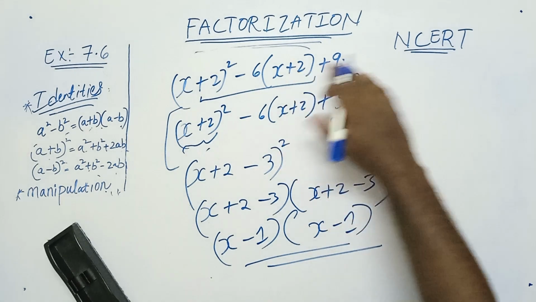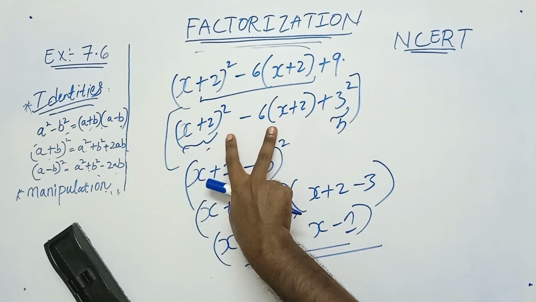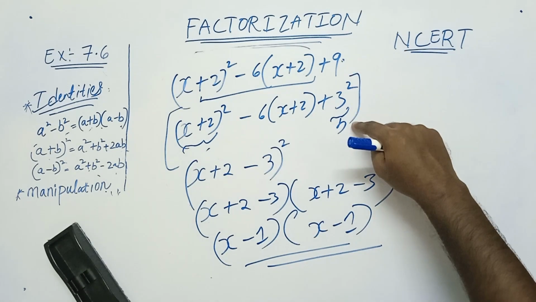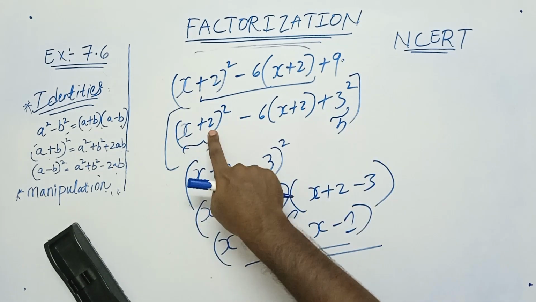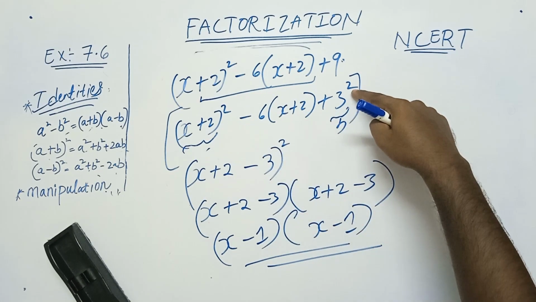So how did we find this? If we write 9 in exponential form, the expression resembles (x plus 2) whole square minus 6(x plus 2) plus 3 square.